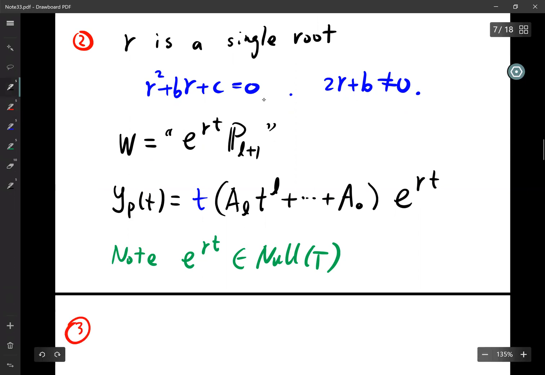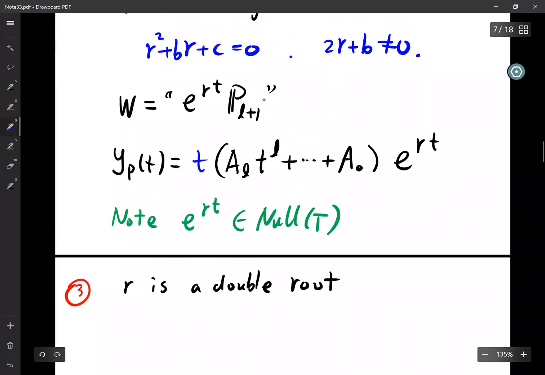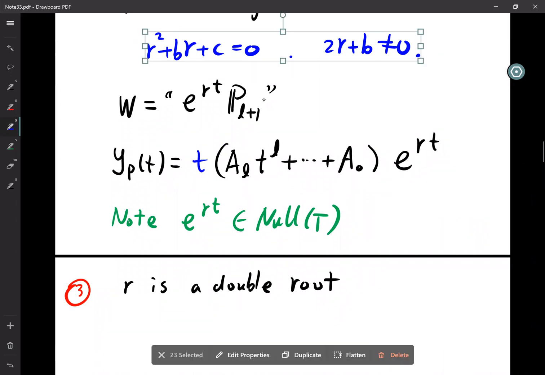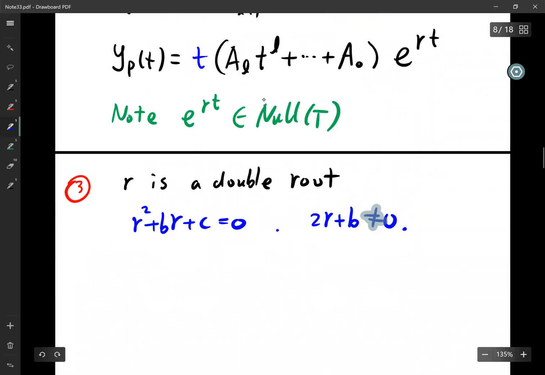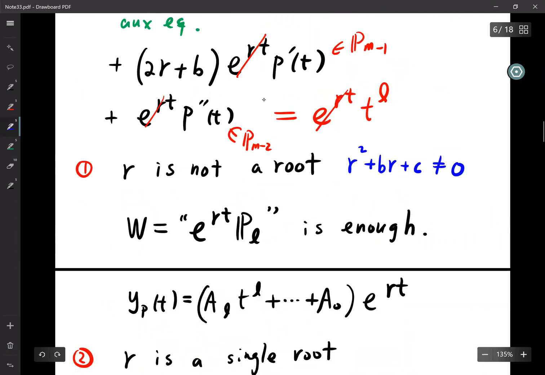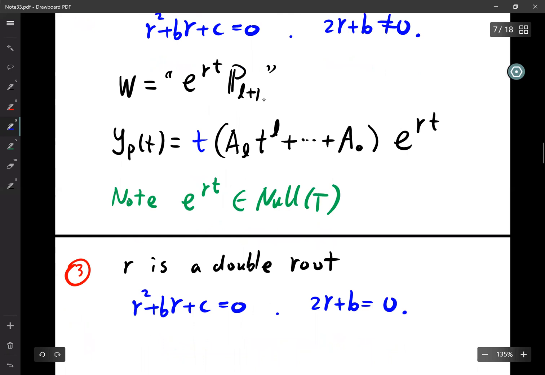Case 3: R is a double root. What it means is both the first term and the second term are 0. Now, the leading term here is p double prime t, which is in P_(n minus 2). So it's very similar.